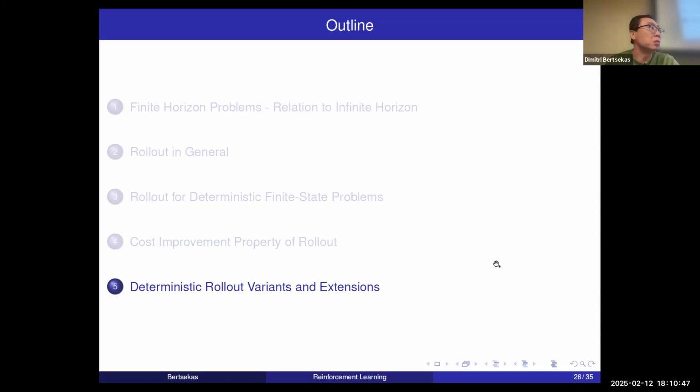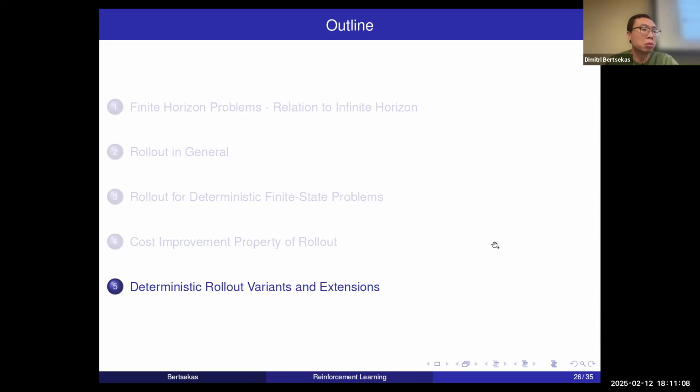And the second is that we have not promised that rollout is going to produce an optimal policy. What we can say is that under certain conditions, the rollout policy is going to perform better than the base heuristic. But what if those conditions do not hold?